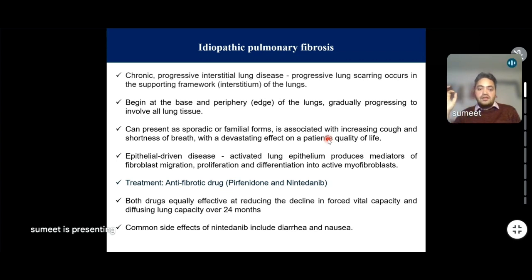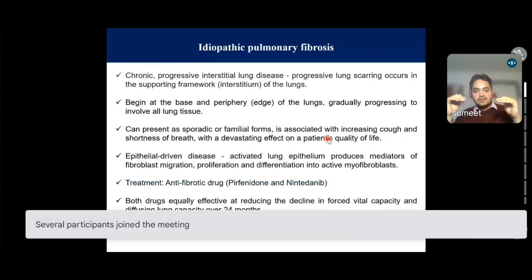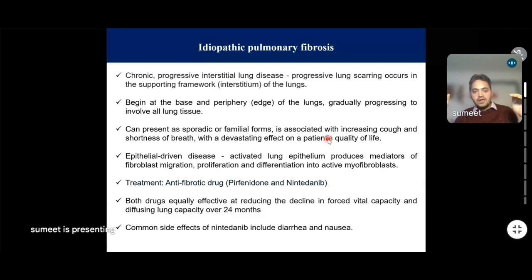A lot of research has shown that this is an epithelial driven disease, meaning that the epithelial cells in the lung are the most important drivers of the disease. They produce a lot of mediators of fibroblast migration, proliferation, and differentiation, which results in myofibroblast formation and tissue stiffness.